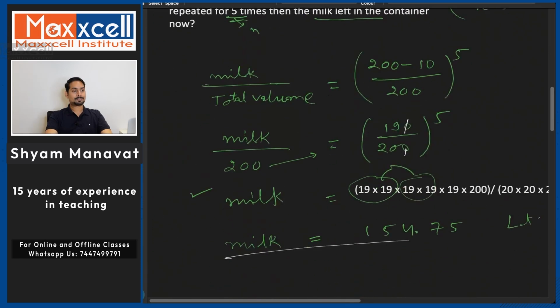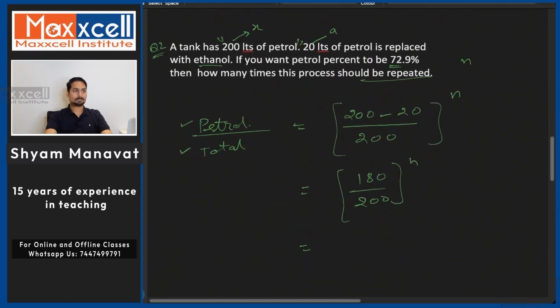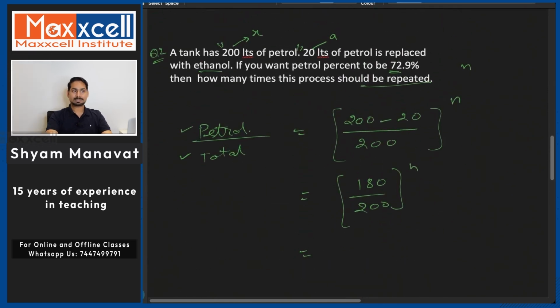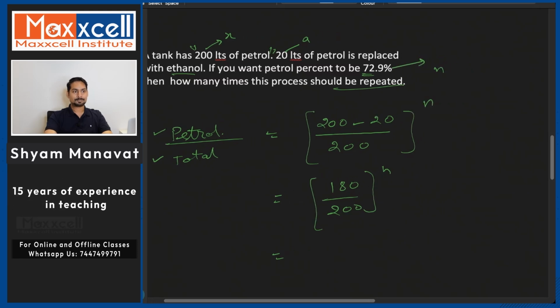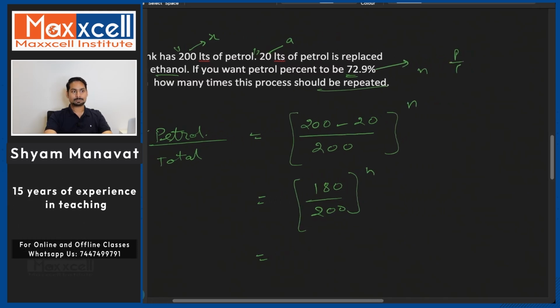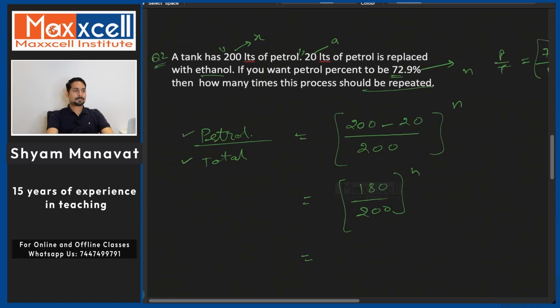That's the ratio. Now here if you see, the question says the petrol percentage should be 72.9%. That means basically petrol by total should be 72.9 by 100 if you remove the percentage sign, right? So can't we say that petrol by total what we want is 72.9 by 100? Yes, we can.